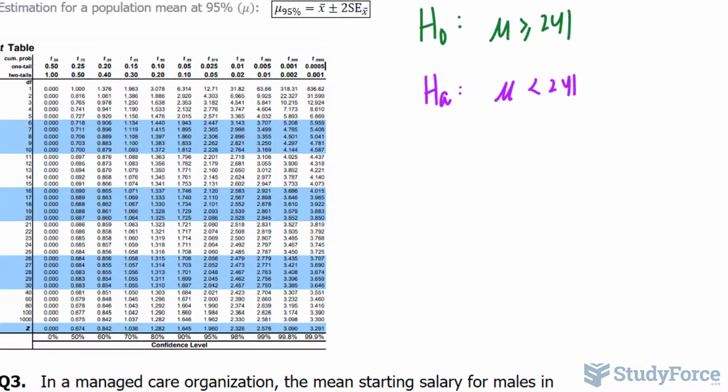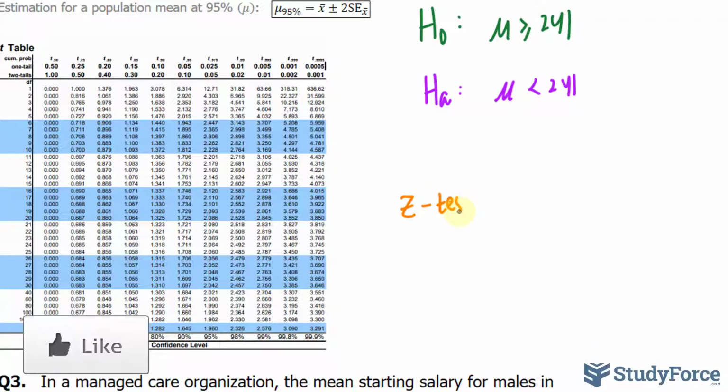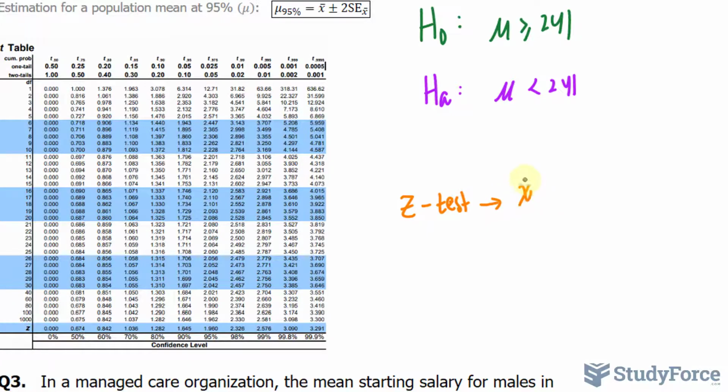We'll use the same formula as before, where, remember, we were using the z-test before, but the t-test uses the same formula anyway. X bar minus mu over s over the square root of n. It's the same formula, just a different table that we obtain our critical value from.